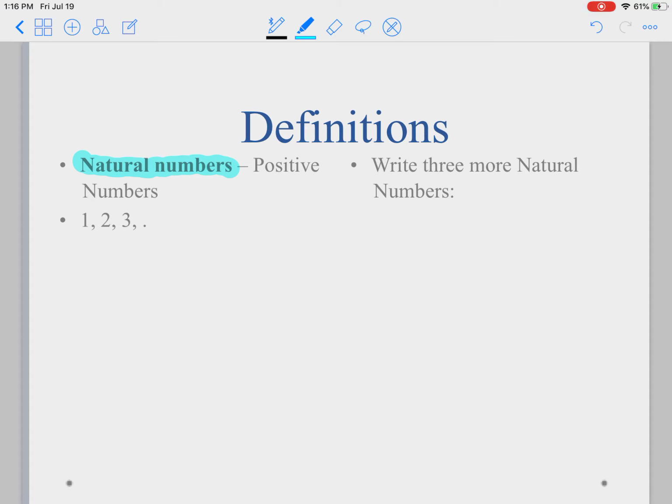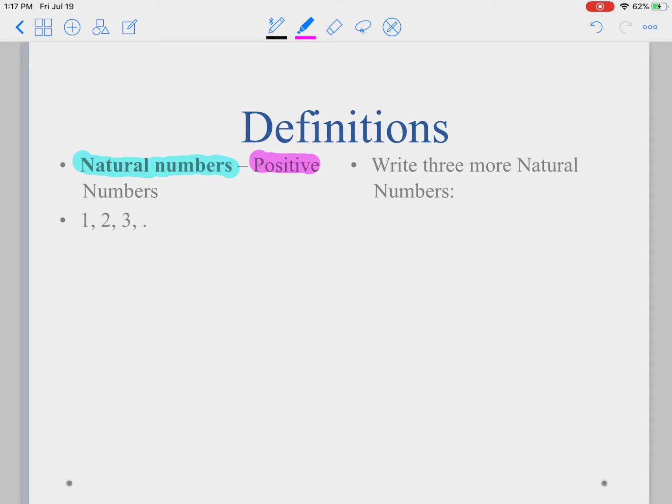Whenever you play hide and seek, and you say, I'm going to count to 10, you say 1, 2, 3, 4, 5, and so on until you get to 10. So we also call natural numbers, sometimes you hear them called counting numbers. These are all positive numbers. So that's very important to remember. Only positive numbers. And so we will begin at 1.